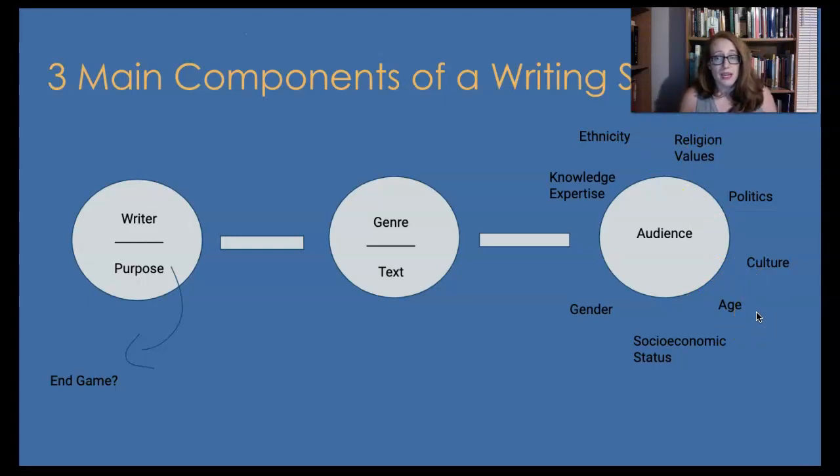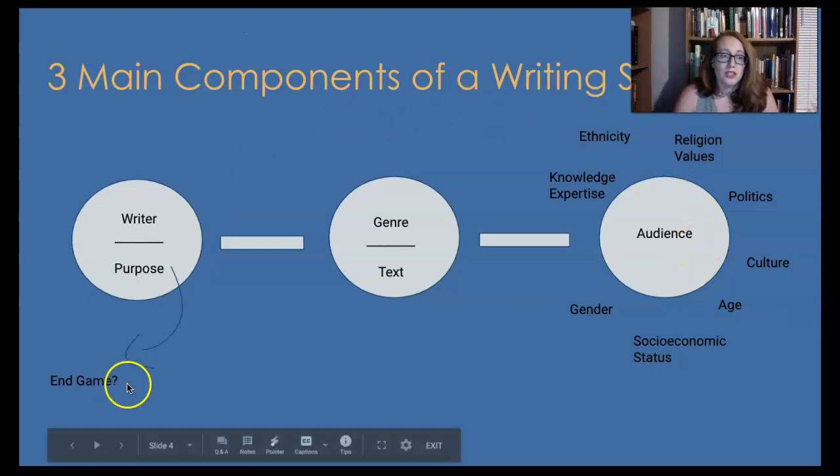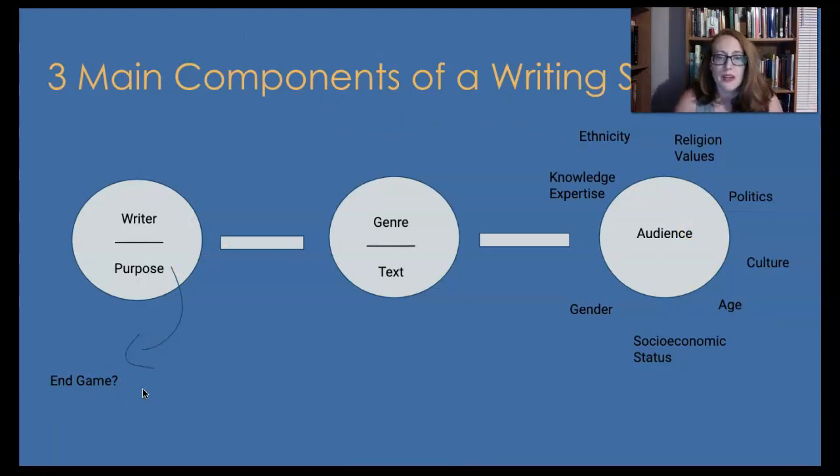That might make you have to make certain choices about what content you need to include, what kind of examples, how much background and catching up needs to be there, what kind of tone you need to use. All those things can make a difference, because remember, the goal is always to achieve this end game, not just to write in a vacuum.